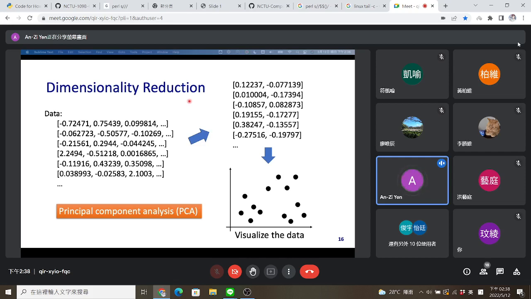It is often the case that we have vectors in very high dimension, and for a lot of machine learning applications, it is really helpful to perform dimensionality reduction for developing an effective learning algorithm.